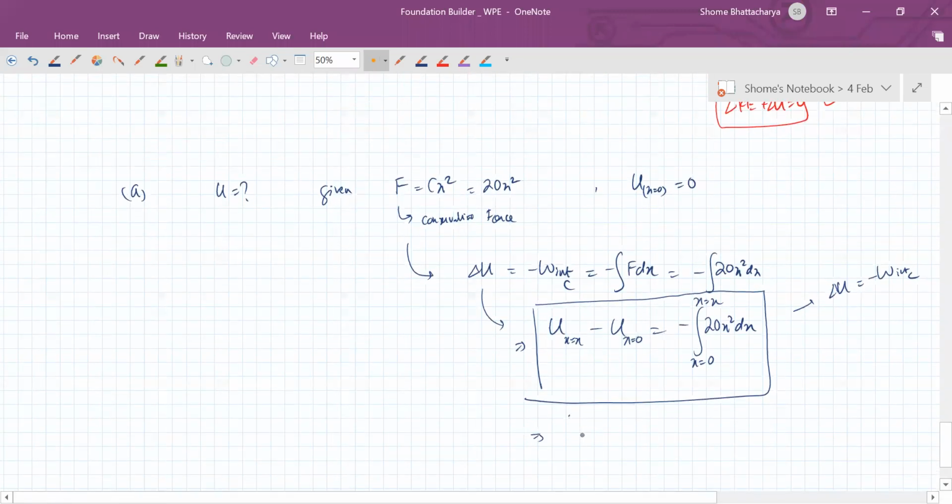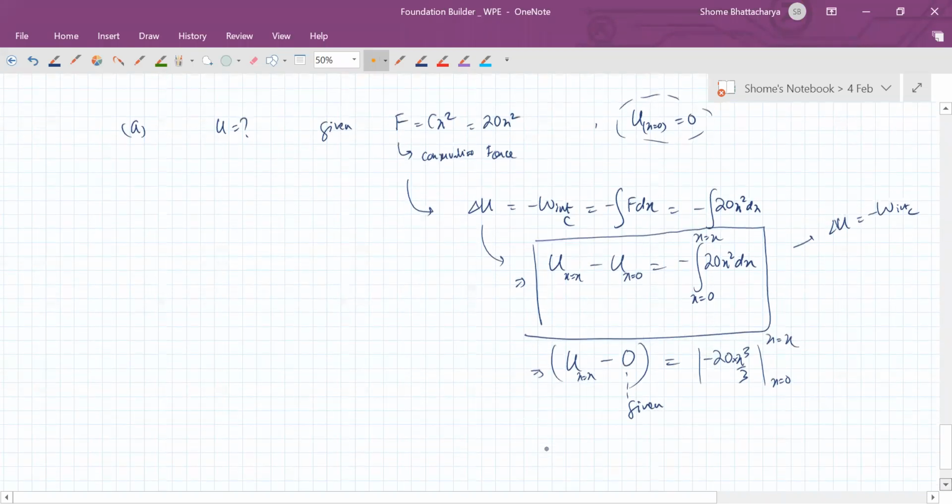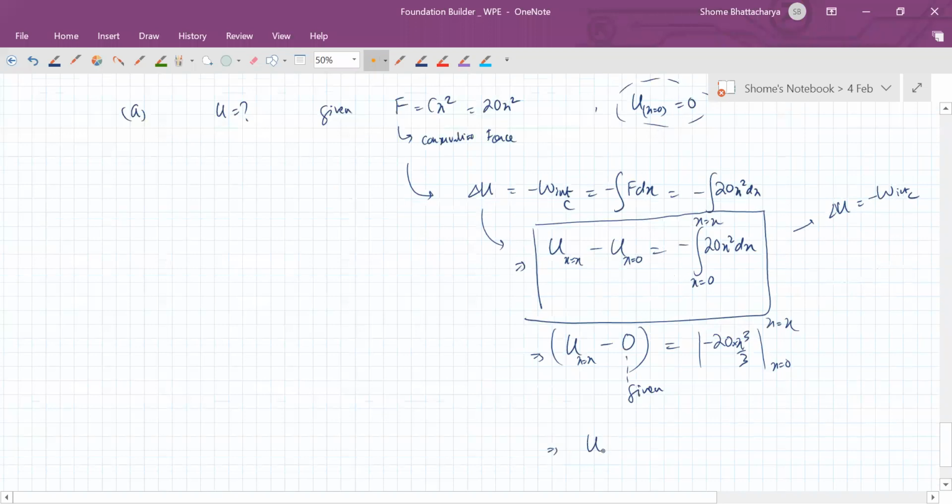So we want to calculate U at x equal to x. U at x equal to 0 is given to us as 0, as you can see. On the other side, we have the integration, which is minus 20 x cubed by 3 from x equal to 0 to x equal to x. So the formula of our potential energy becomes minus 20 by 3 x cubed.